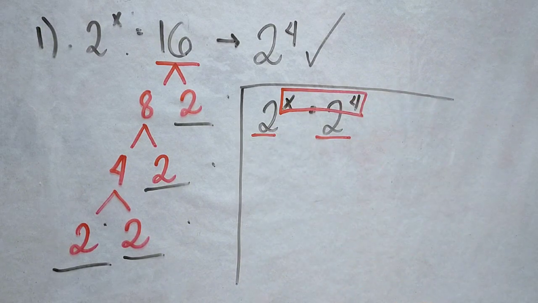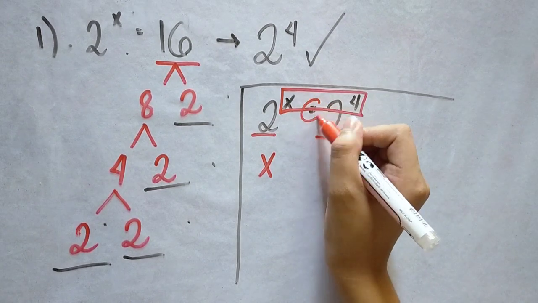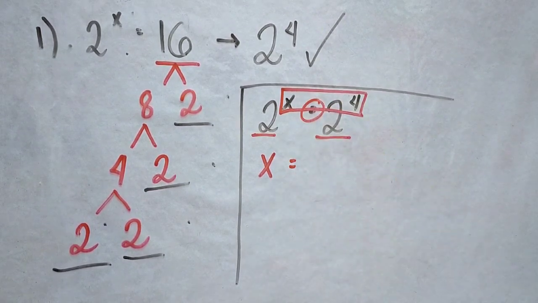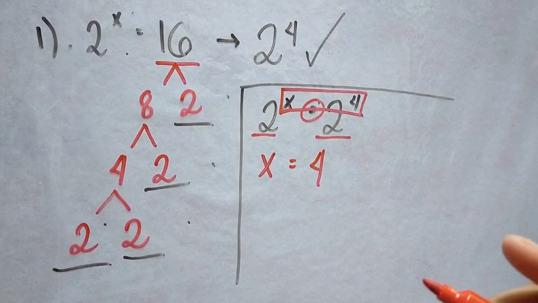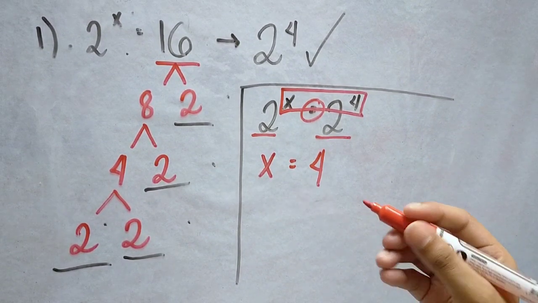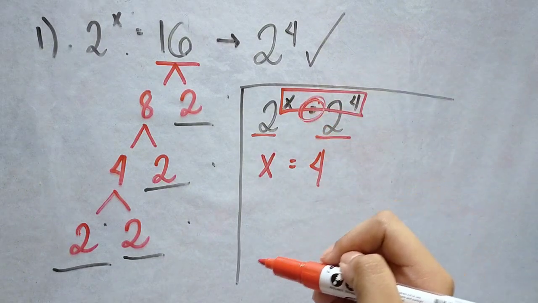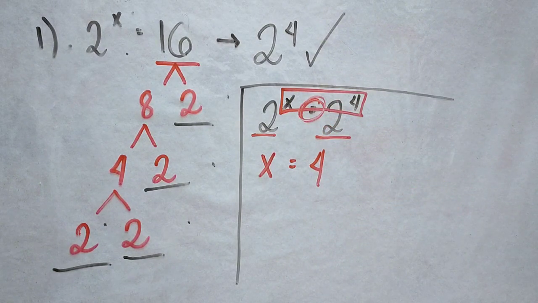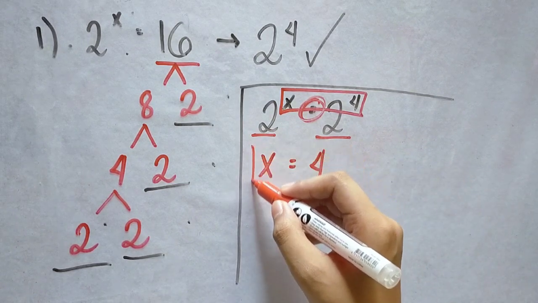Let's bring down the exponent. Let's bring down this equals to, and let's bring down 4. Huwag kayong magkakamali at huwag kayong malilito kasi kailangan talaga nating isama yung equal sa pag-bring down kasi yun yung mamamagitan sa kanila. Ngayon, nawala na yung equation dito and x is equals to 4 na nga, nahanap na natin yung x.